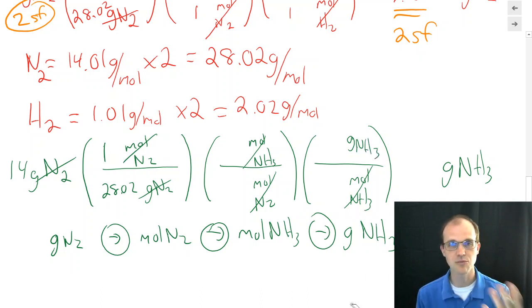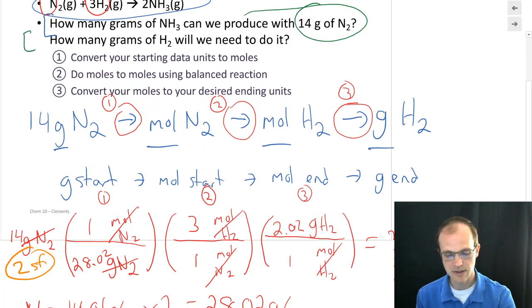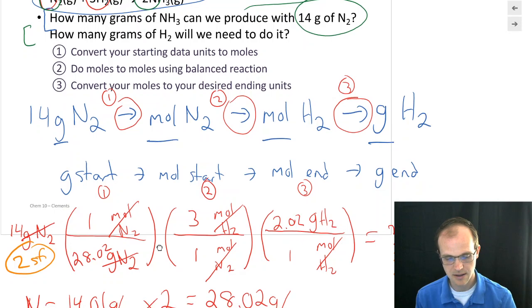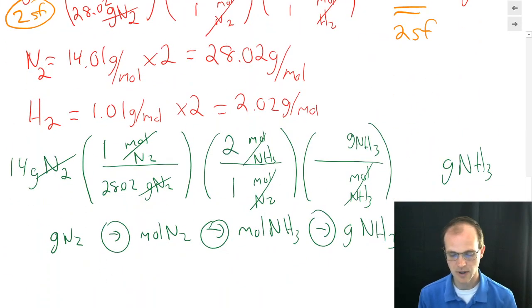Where do we get the ratio of moles of ammonia to moles of nitrogen? Straight from our balanced chemical reaction. We look at ammonia there, it's got a 2. We look at nitrogen, it's got a 1. We get a 2 there, we get a 1 there.